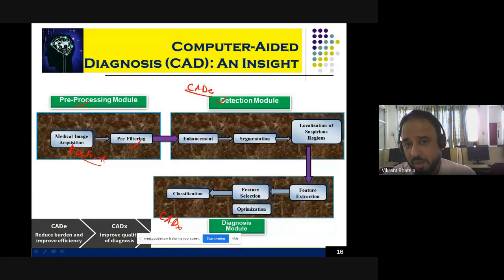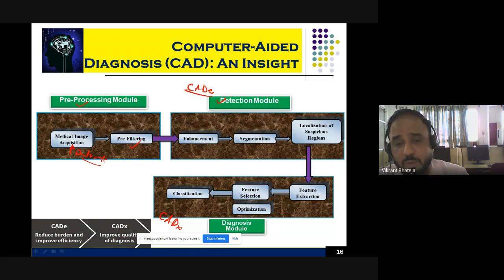But still, ultimately, the utility of that image is only to be adjudged by a medical expert, a doctor or a radiologist. Until and unless you have a fair assessment by a medical expert in that domain, you are not able to adjudge the trueness of this particular CAD module.